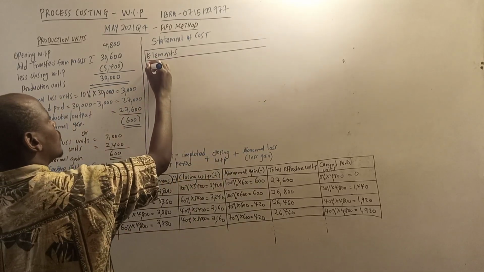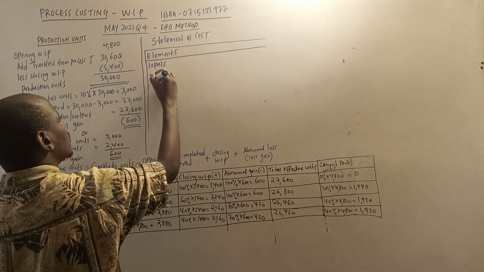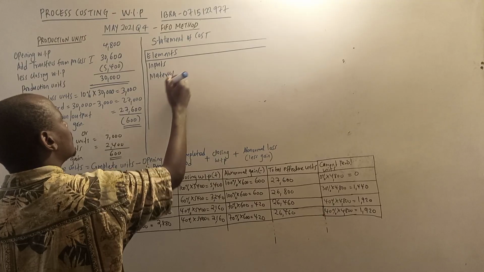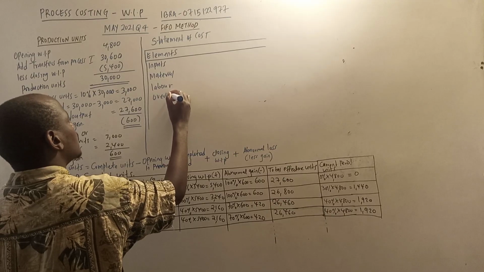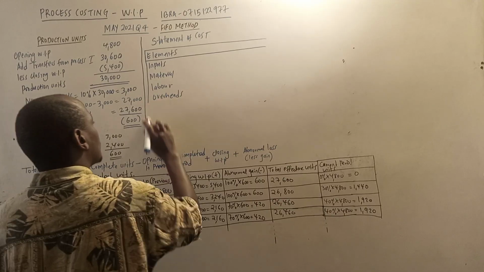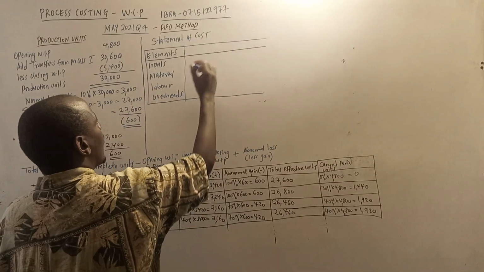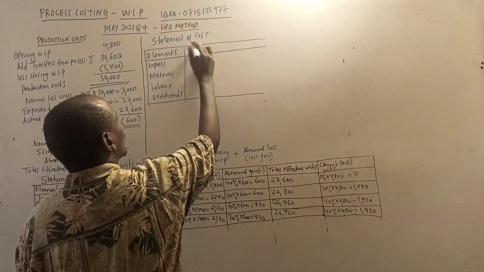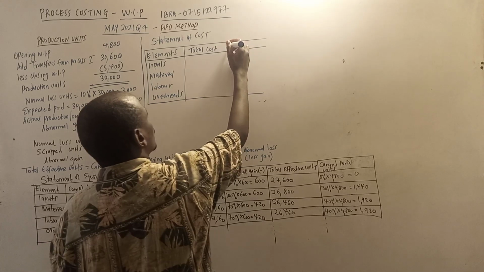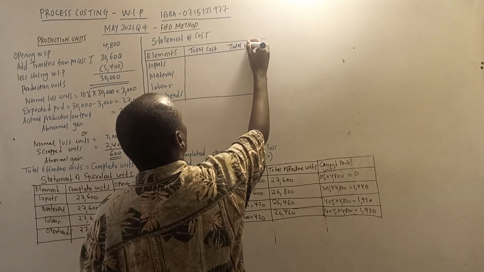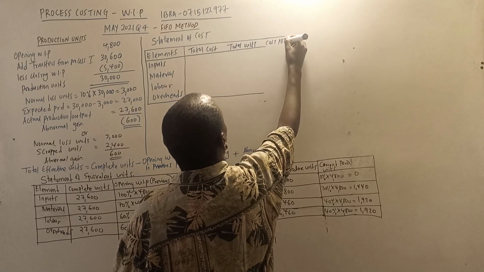We always start with inputs, then material, then labor, then overheads. So we start with the total cost, then total units, then cost per unit.